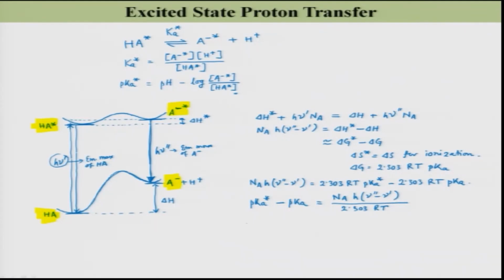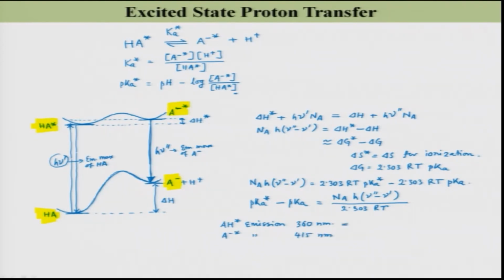Let's say, for example, I should give you an example, for this 2-naphthol, right, I showed, HA star emission is at 360 nanometer, right, and A minus star emission is at 415 nanometer.